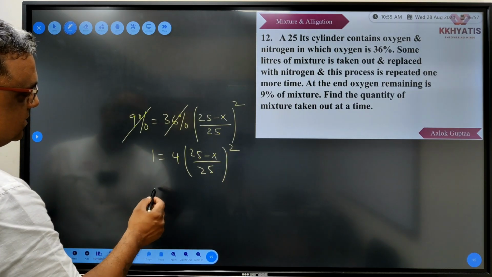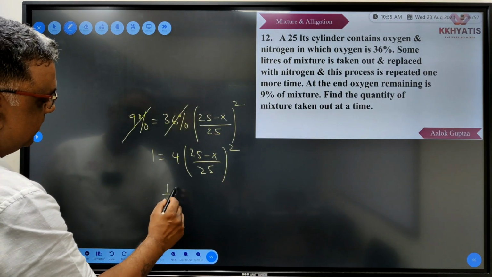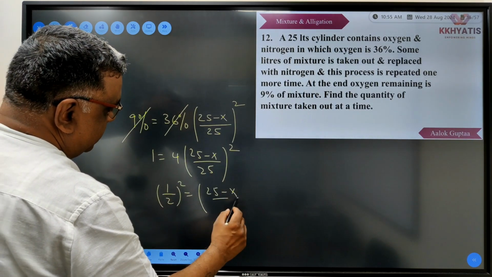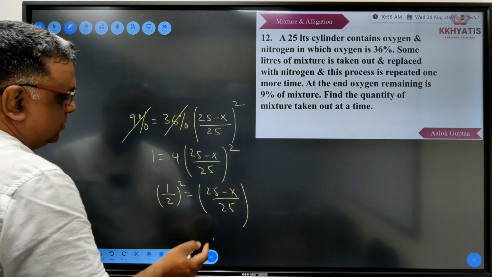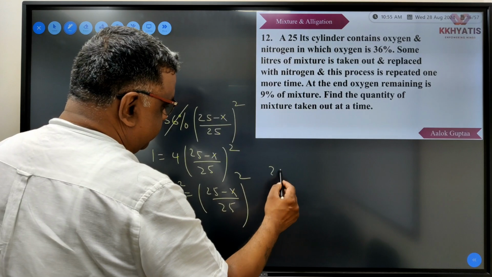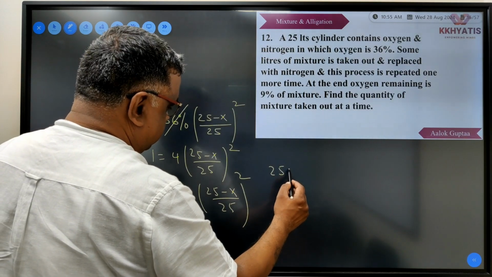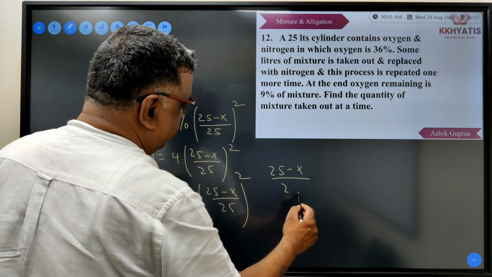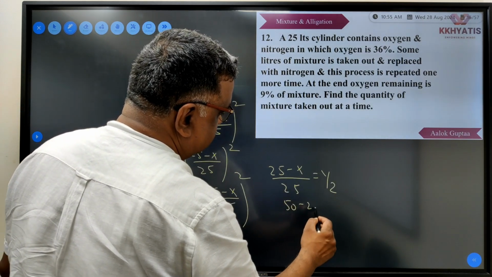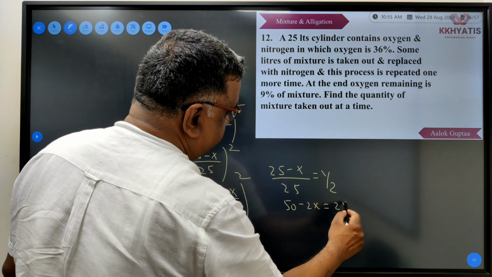So if I take 4 this side, this will become (1 by 2) whole square equals (25 minus X upon 25) whole square, which means the base should be same. So 25 minus X upon 25 should be equal to 1 by 2. 50 minus 2X should be equal to 25.